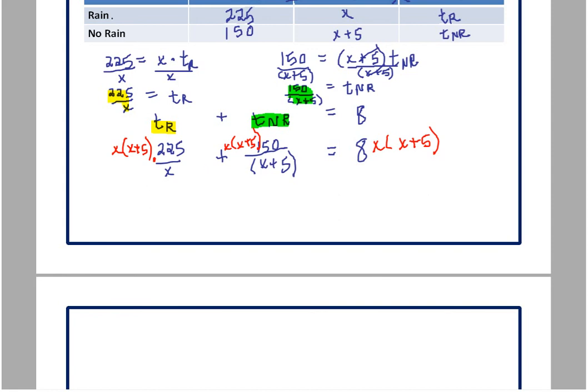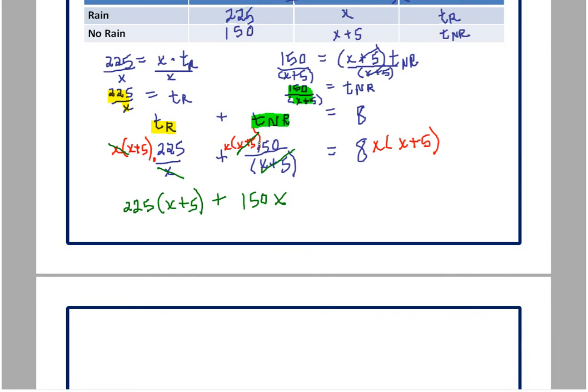What is nice about this is that things cancel out. In the first fraction, the x's cancel out, so I'm left with 225 times this parenthesis. I'll put the 225 first and the parenthesis second because multiplication is commutative. In the second fraction, the x plus 5's cancel out, so I'm left with x times 150, but we usually write it as 150x.